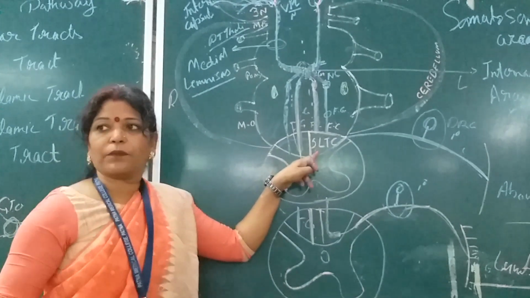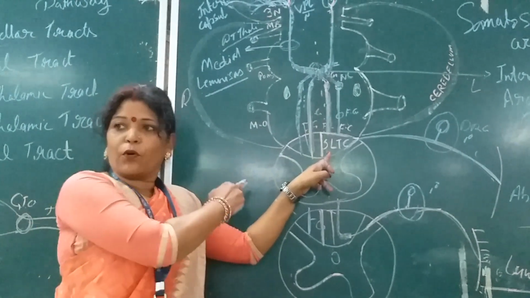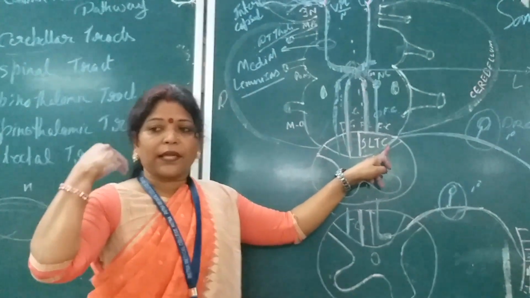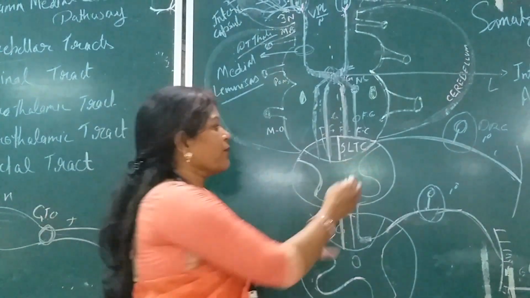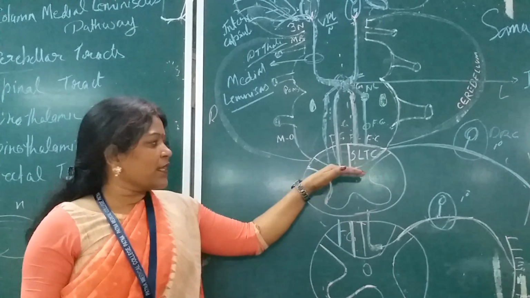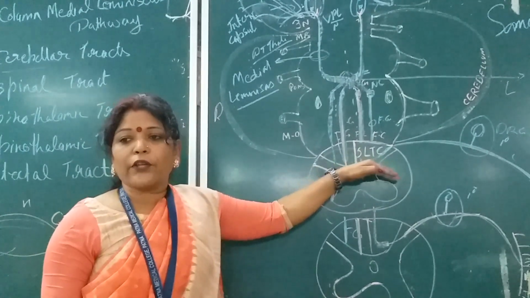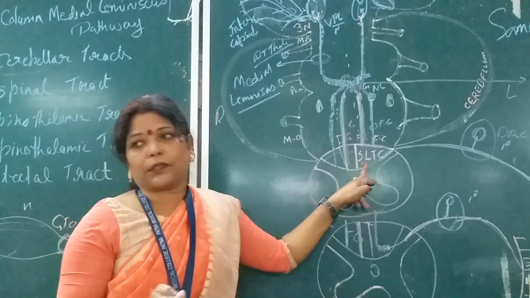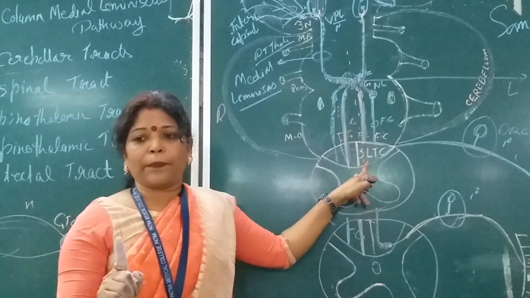Fibers coming from the leg will be the medial most fibers, and the fibers which are coming from the cervical area for the upper limb will be the lateral most, laterally situated. So this is the somatotopic arrangement of the fibers in this funiculus in the dorsal column pathway. There is no overlapping like that.